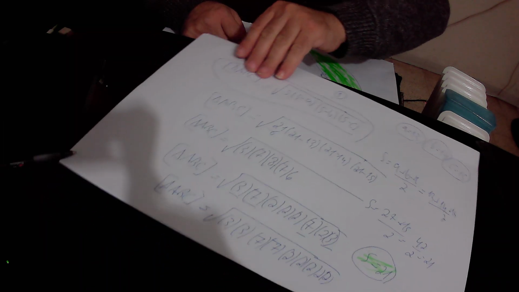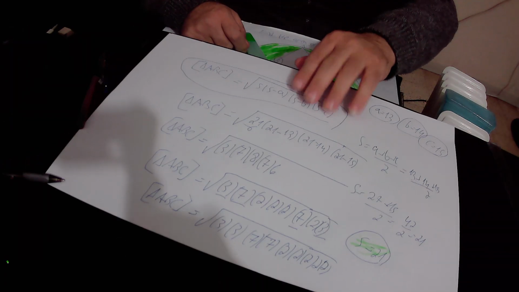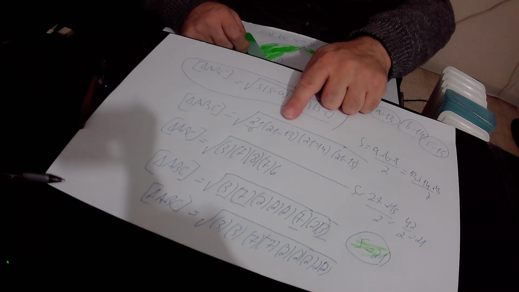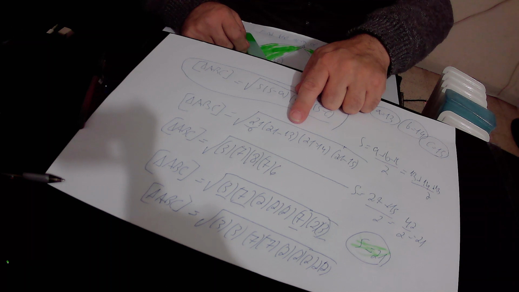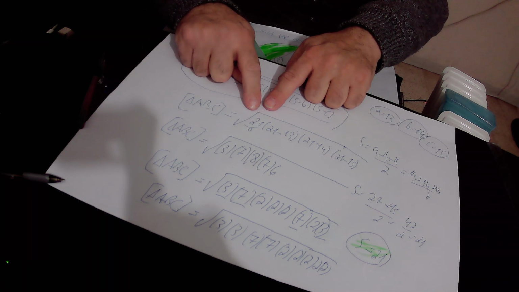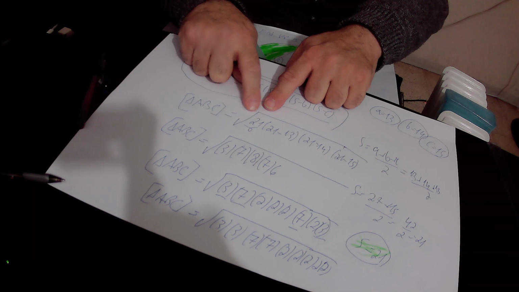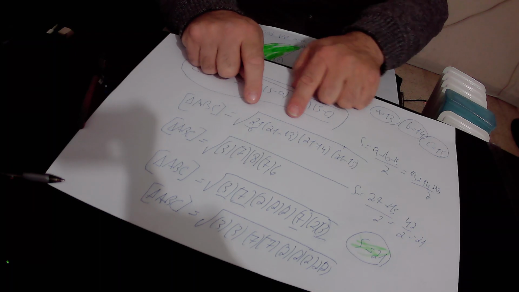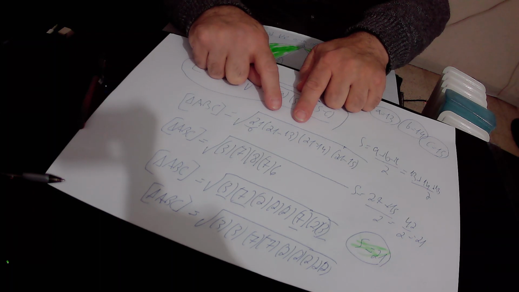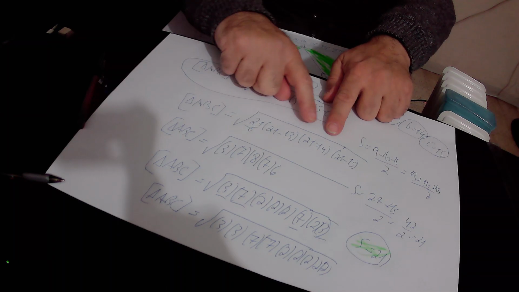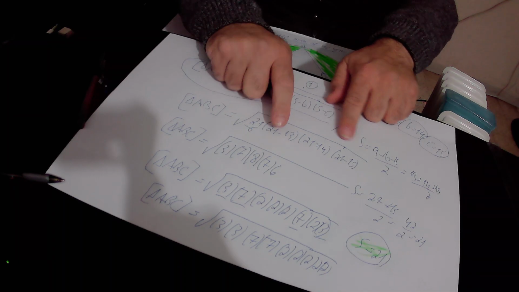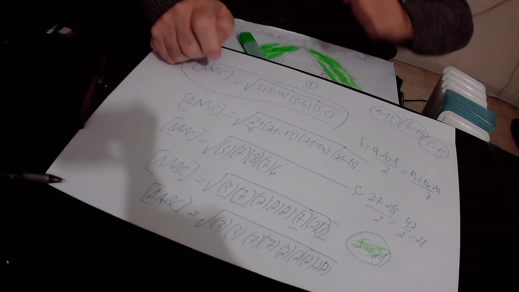First of all, we substitute 21 by 3 times 7. And 21 minus 13 is 8, 21 minus 14 is 7, and 21 minus 15 is 6.